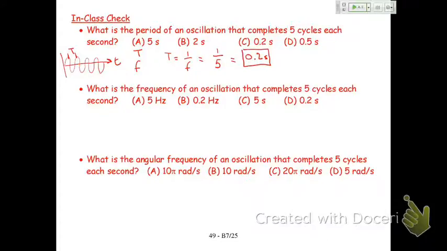Or you can visualize and say, in 1 second, I had 5 of them, so one of them will occupy 1/5 of 1 second. So you might find it's more obvious to you when you think of it graphically. How many people think of it graphically? And how many people are happier with the equation?